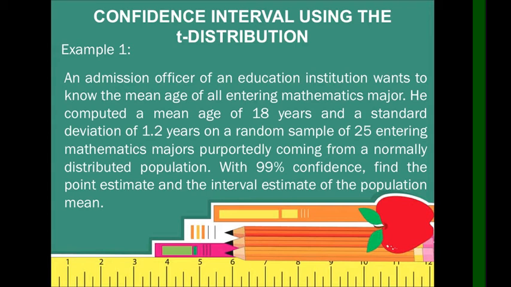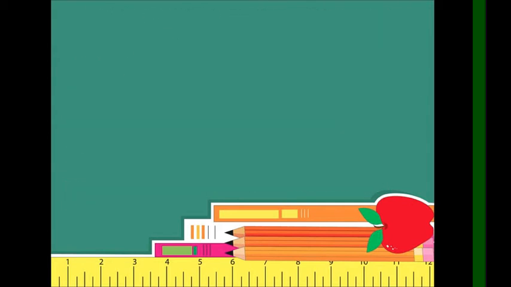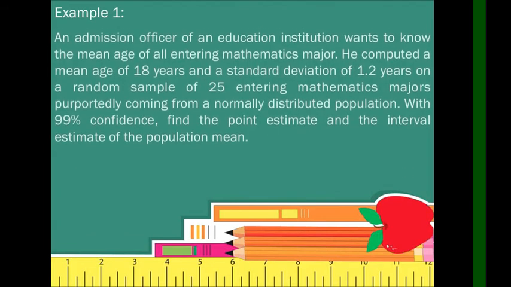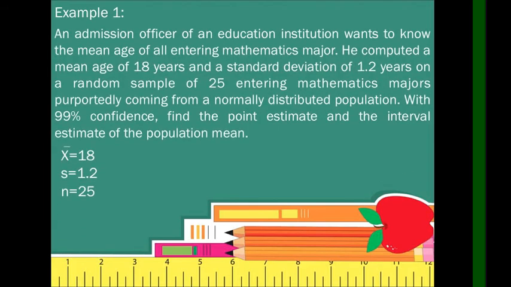Okay, so to solve this one, first we need to write the givens. The givens are the mean, which is 18, the standard deviation is 1.2, and the n, the sample, is 25 entering mathematics majors. We have 99% confidence. So first, we need to find the DF.